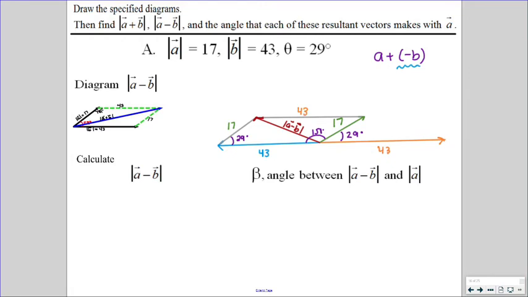And we're just asked to find the magnitude of the vector a minus b. So again, I'm not going to draw the triangle this time, but we can use the law of cosines to do that. a minus b squared is equal to 17 squared plus 43 squared minus 2 times 17 times 43 times the cosine of 29 degrees, because 29 degrees is now the angle opposite a minus b.